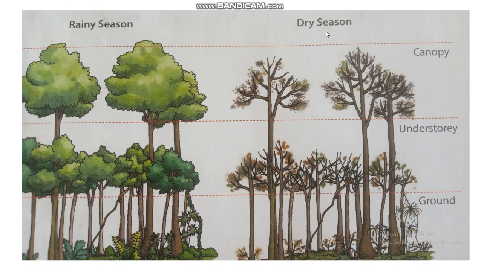However, during the dry monsoon season, a large number of trees shed their leaves to prevent the loss of water, making the forest appear even less dense. But the leaves will grow again quickly during the rainy season.